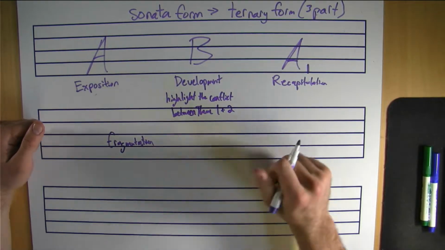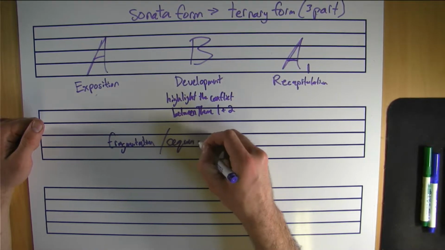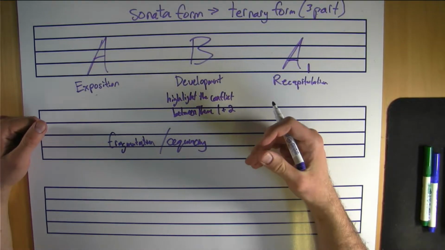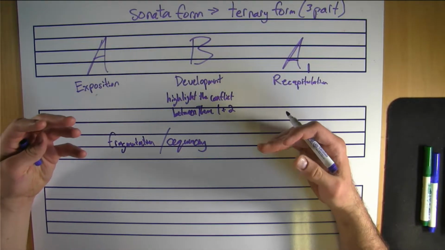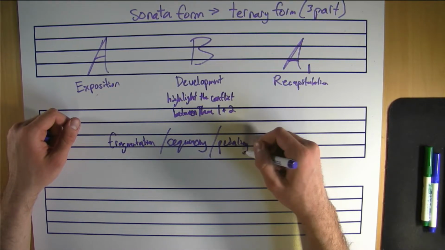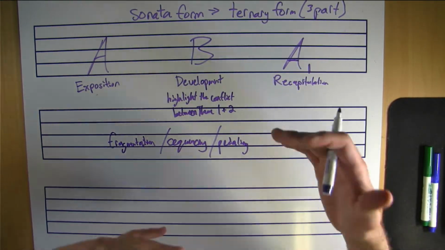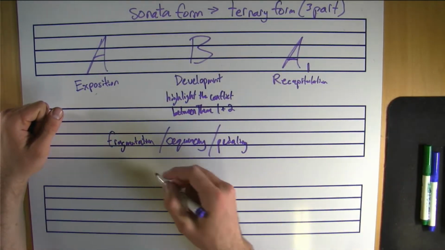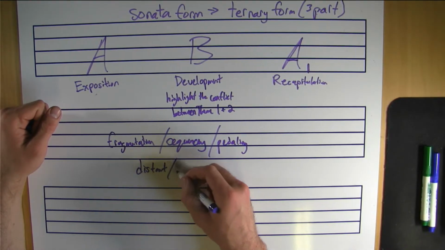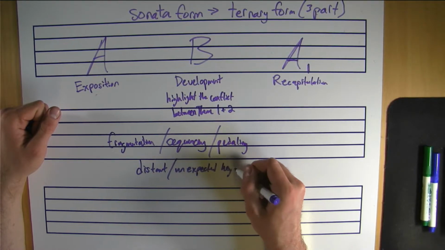of the motives. You will definitely have sequencing. So sequences of melodies, sequences of harmonies. You might have pedaling, especially up high. You might have a high note being just repeated over and over while more music happens underneath. And you'll have modulations to distant or unexpected keys.